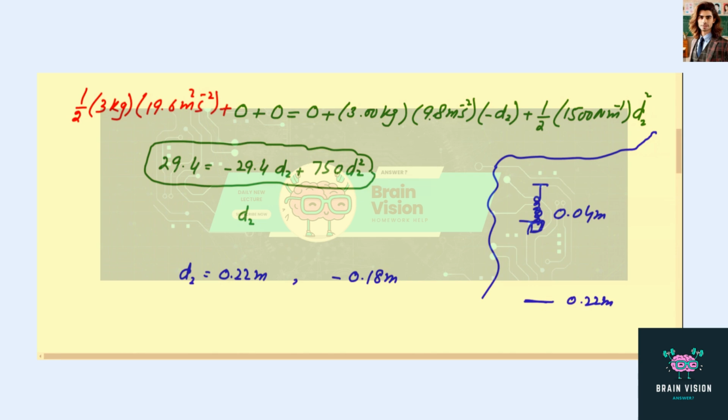So this is a further extension, and the other value is 0.18 meter. So here the maximum extension in the spring is 0.22 meter.